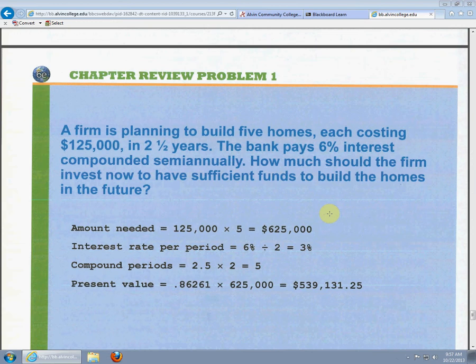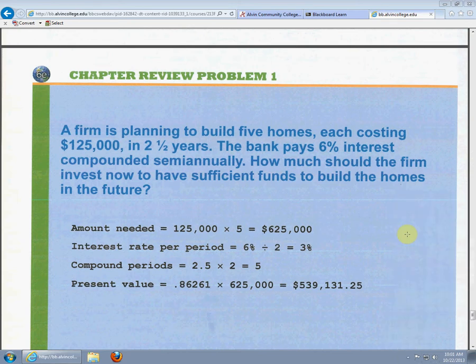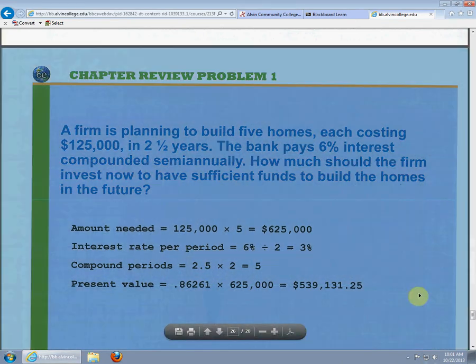You need to find out how much you need, then find your interest per period and your compound period, then find your factor. Okay, so we have 5 times 125, which is 625.